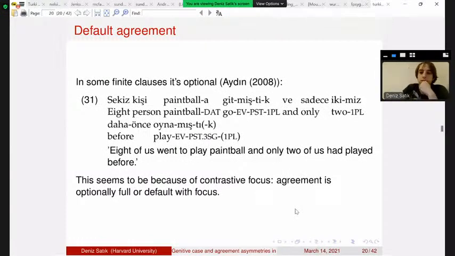So I think what this shows, to my mind, is that the expression ikimiz is potentially ambiguous between a partitive reading, which makes sense for the contrastive reading, obviously, and the way the participles are constructed are essentially genitive possessive constructions of some sort.